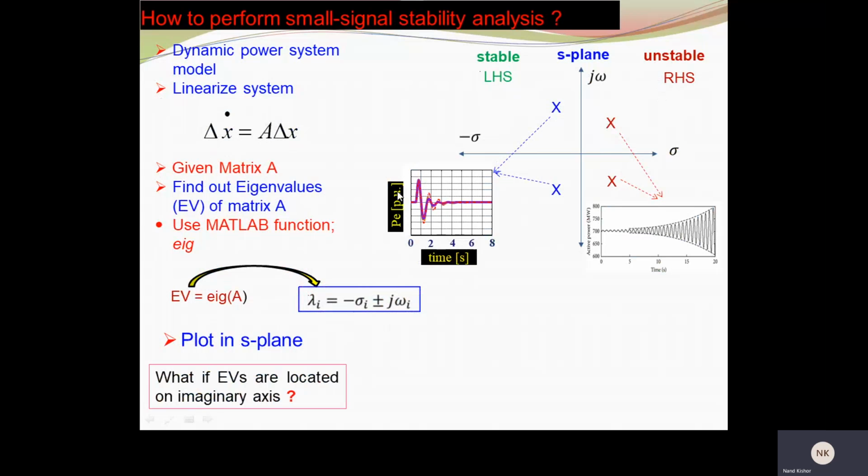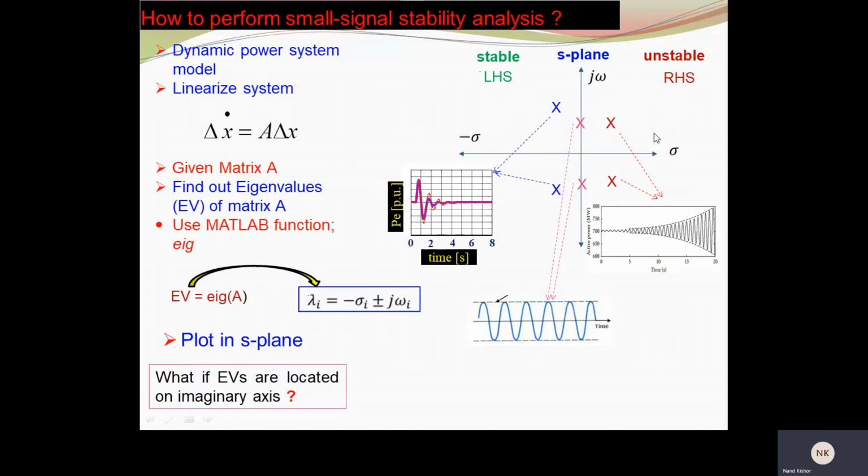Now, what about the case when we have the eigenvalues located on the imaginary axis over here? With this situation, we are likely to have oscillations of constant amplitude, and it will be of sustained oscillations.